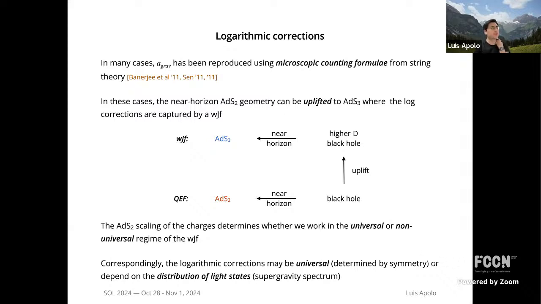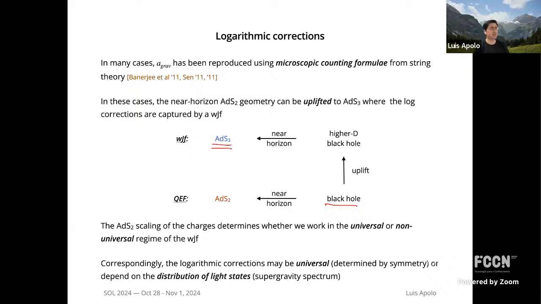And the general picture is that the log corrections of black holes have been computed using the quantum entropy function, which basically computes the Euclidean path integral in AdS2, the near horizon region of a BPS black hole. So the idea is that you go away from the near horizon region where you have the full black hole, you uplift to some higher dimensional black hole, and then take again the near horizon region so that you land on AdS3.